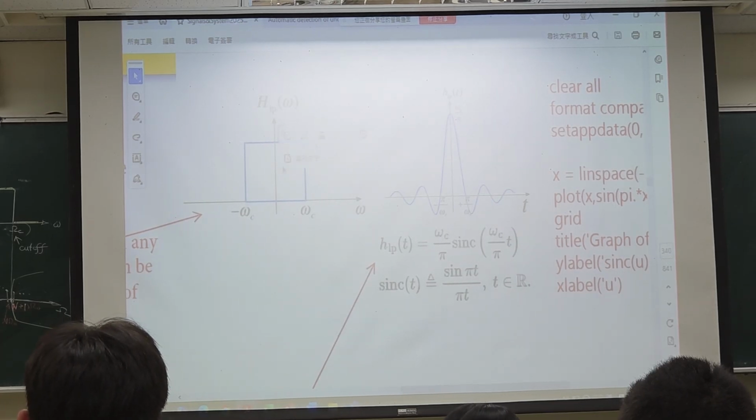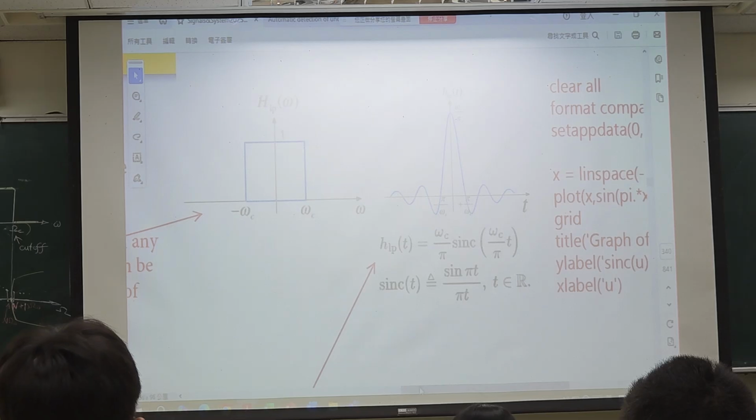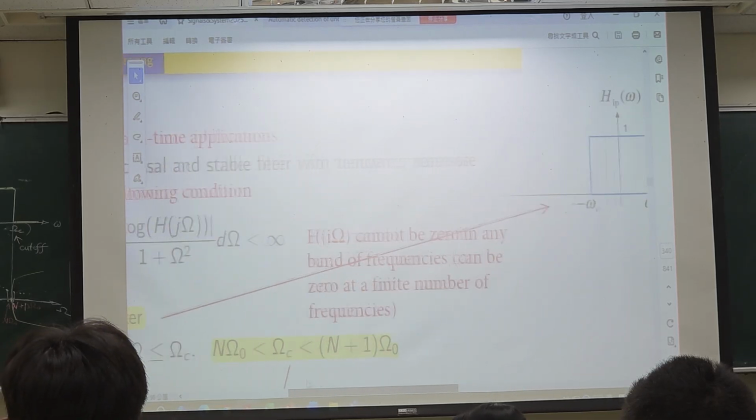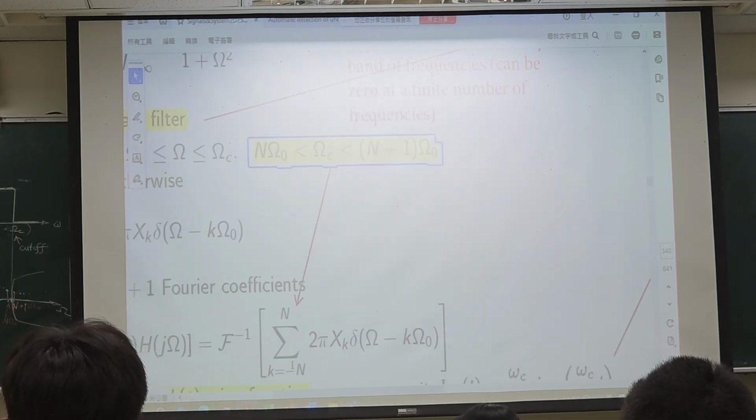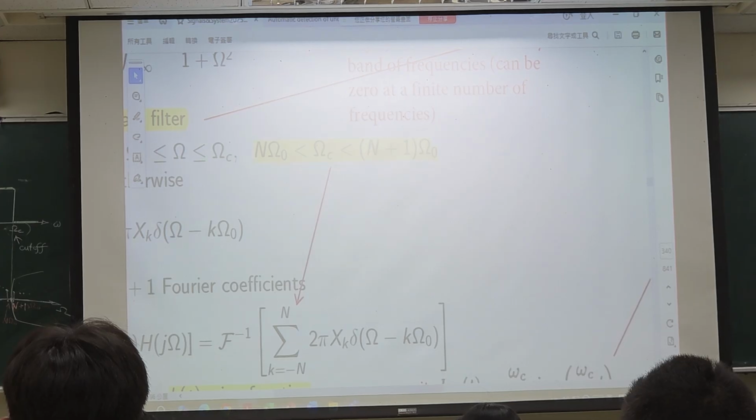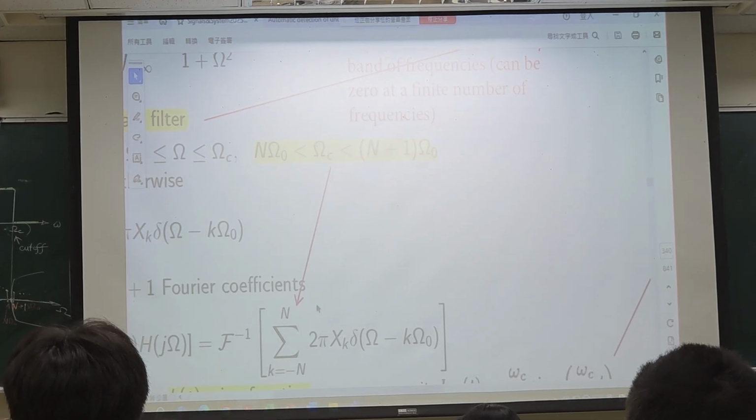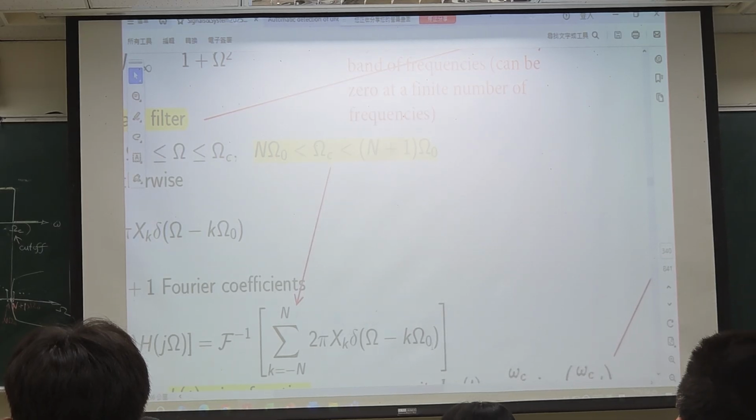Well, by the way, the amplitude is 1. This is 1, so that's why you don't see anything here. Theoretically, you should put 1 here, 1 times 2 pi times X k times the filter function.